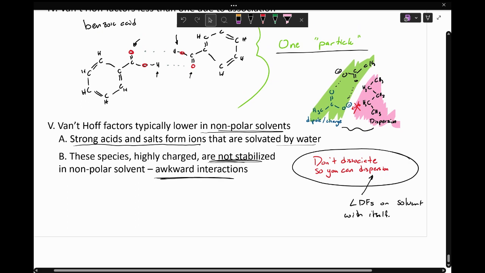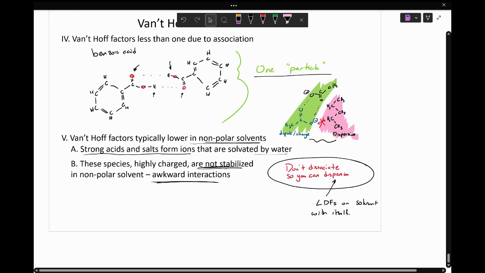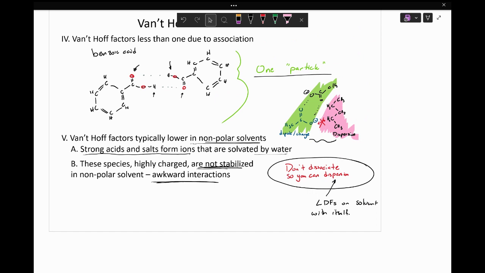So, like I said, this is something that we won't get too far into, but the big takeaway here is that if you have a solute that is kind of incongruous with the solvent, so you're not very soluble, what happens when you add things into solution, if you do have any slight solubility, is that those molecules that are in solution are just going to interact with each other and allow the solvent to interact with itself.